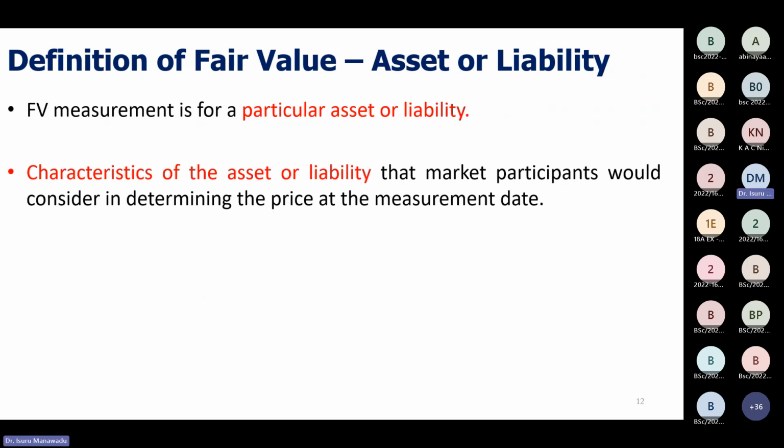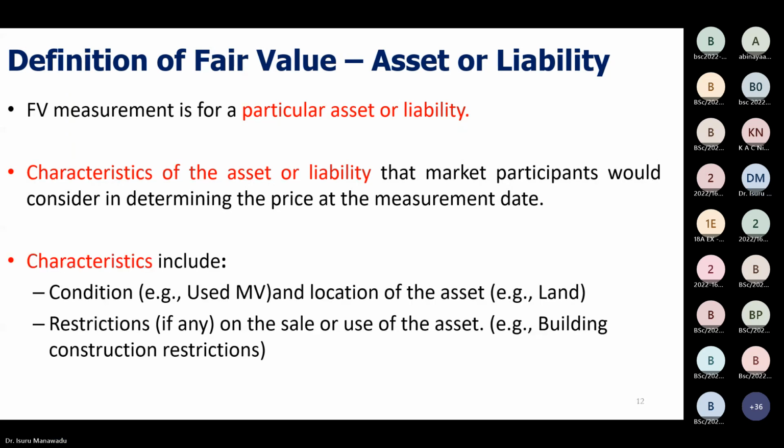So characteristics of assets or liabilities. So there are features, assets as well as liability. There are features and we should measure them. So when it comes to measurement, yes, fair value is one of the methods to measure, right? So these are characteristics.